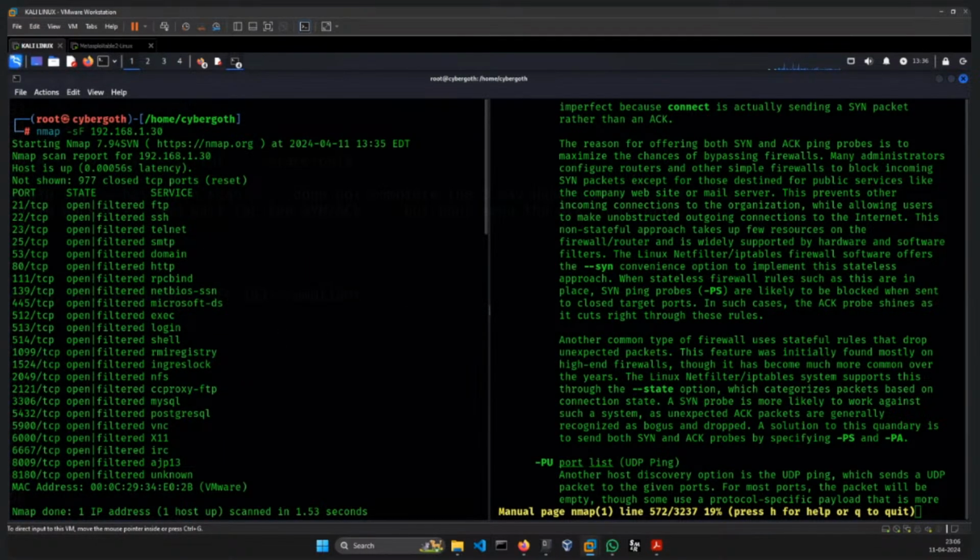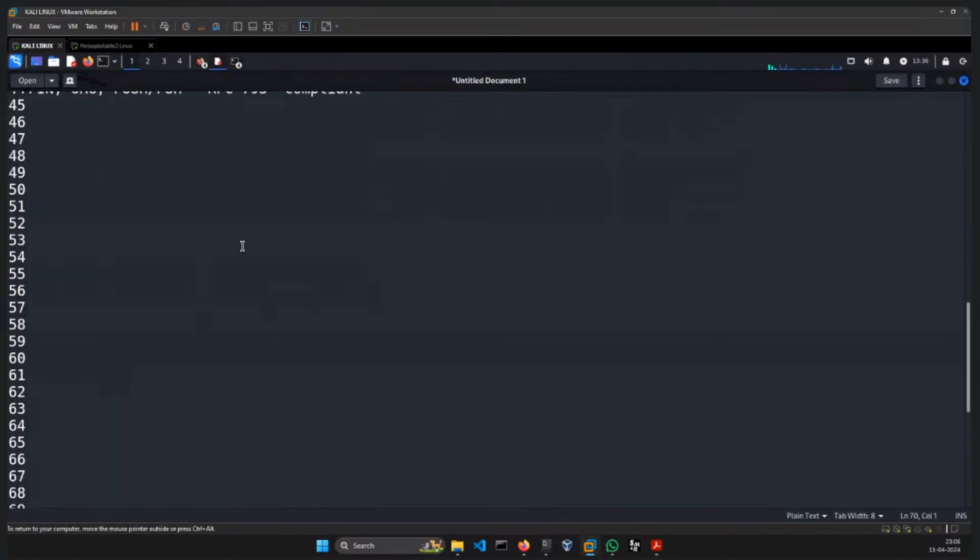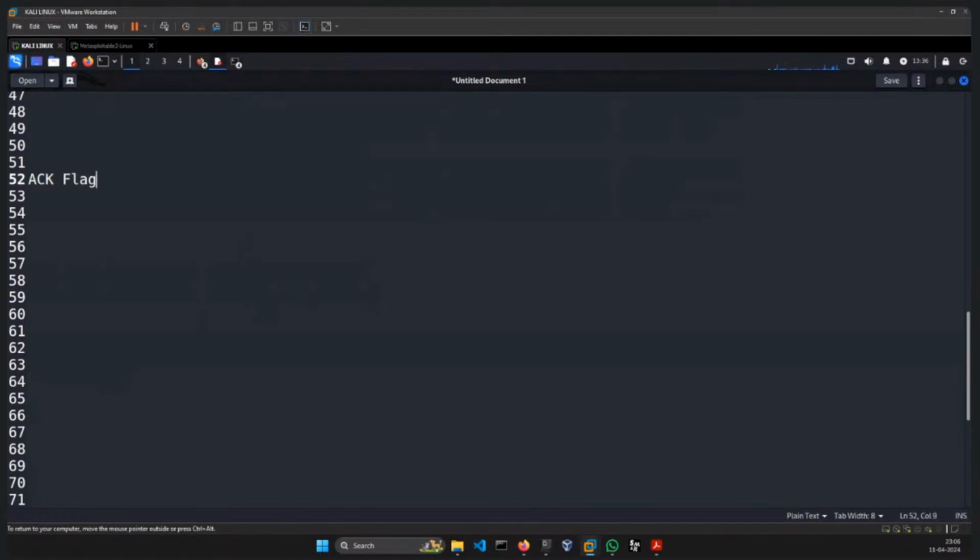Now we are going to see a little bit more advanced way of scanning, that is the ACK flag probe scan. It is a mouthful, but with this kind of scanning, a penetration tester sends a TCP probe packet with the ACK flag set to a remote device and then analyzes the header information, right?